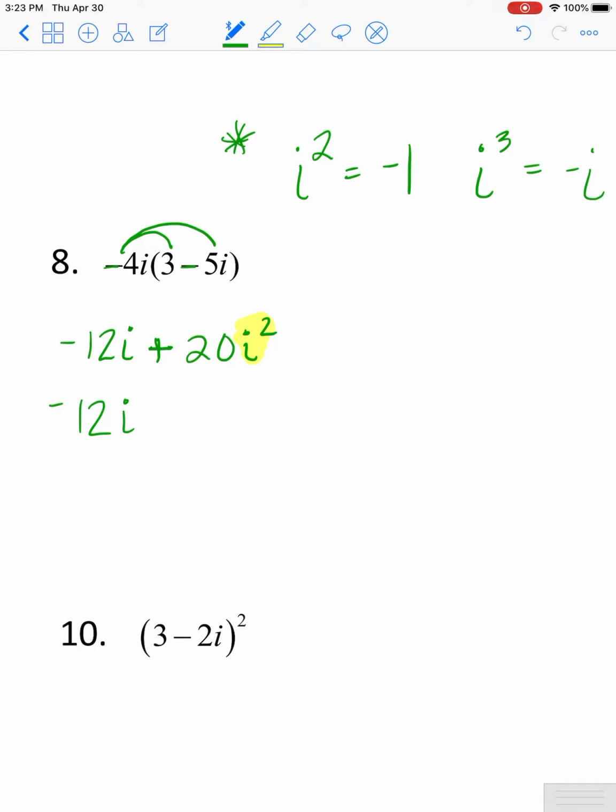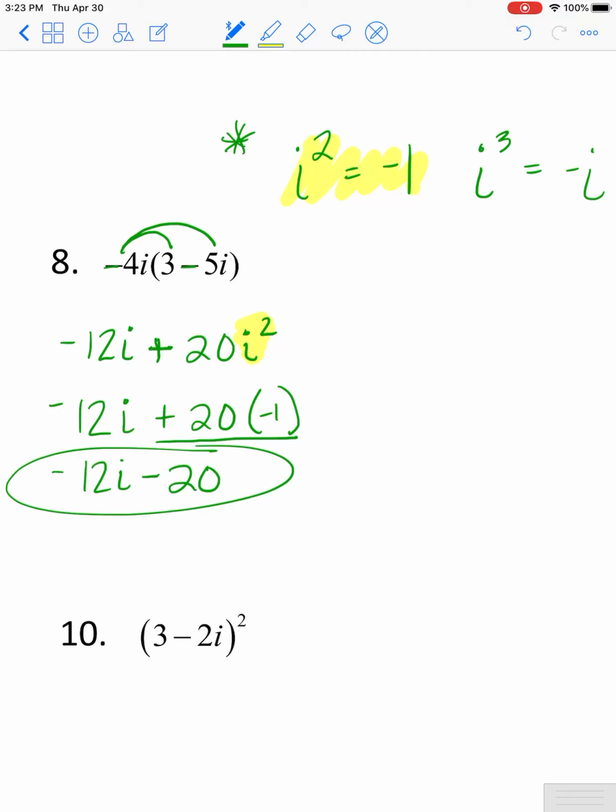I have a negative 12i plus 20, and I'm just going to turn that i squared into a negative 1, because right here I know that i squared is negative 1. So this is really negative 12i. What's a positive 20 times a negative 1? Well, that's just a negative 20. So my final answer is that.